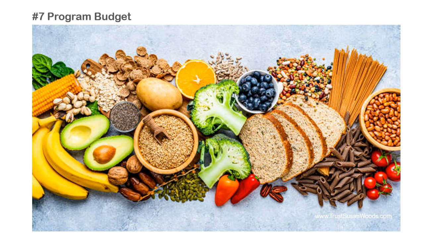The program budget. You cannot write a program budget before writing a program description because the program budget tells the grant funder how much money you're going to need to do the work. So, number 7 of 10 of the standard components of a grant proposal is the program budget.